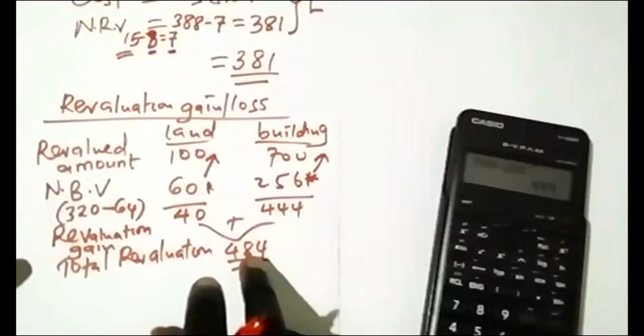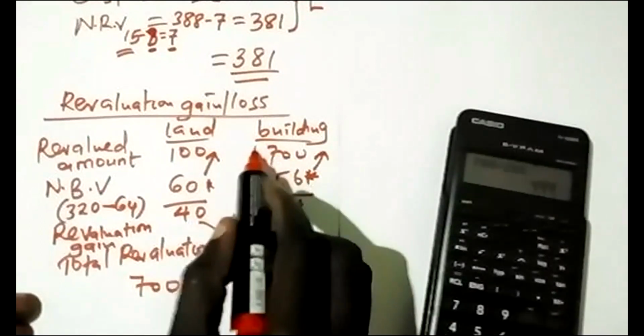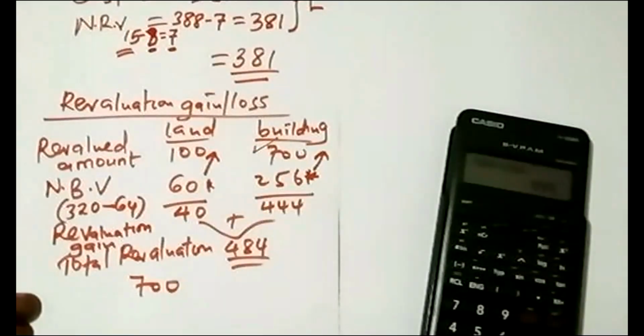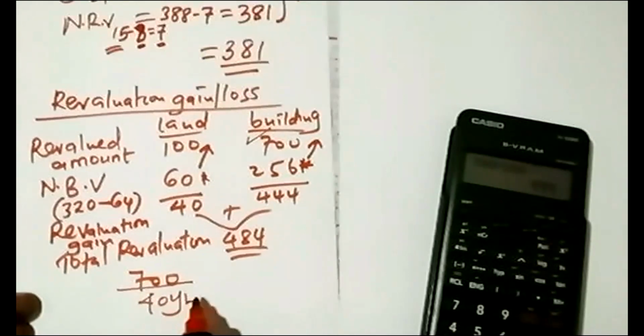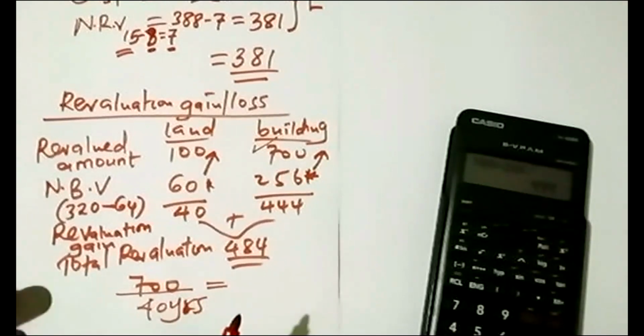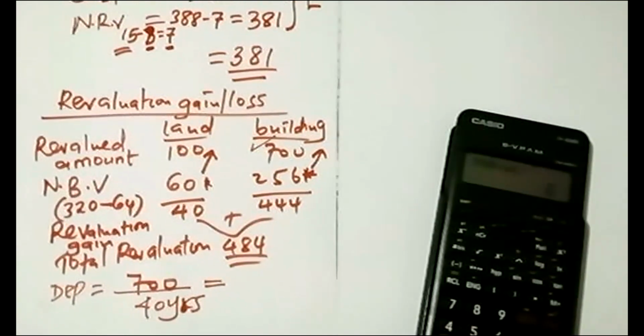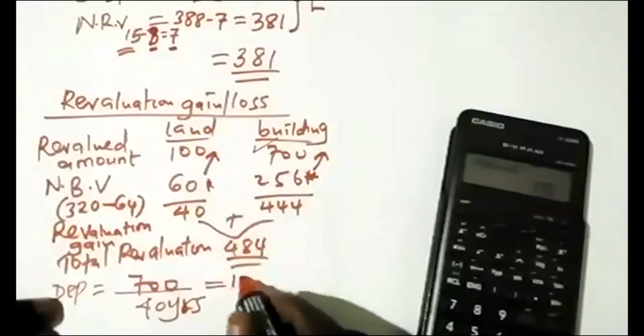So after evaluation, remember that it was 700 for the building, with a useful life of 40 years. So 700 divided by 40. The depreciation there is 17.5.